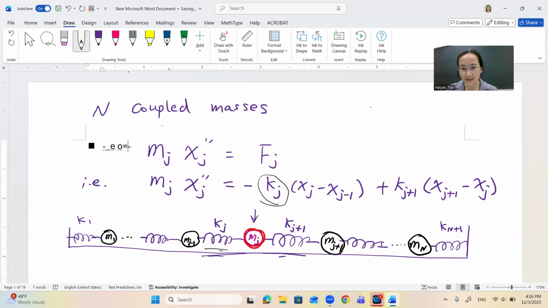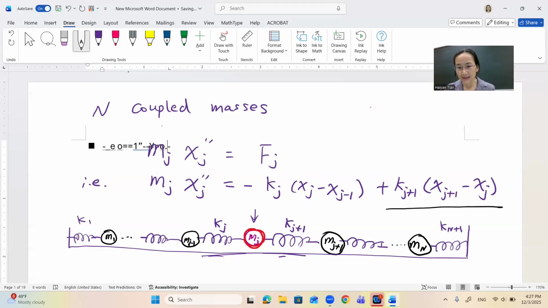That spring constant times the displacements of these two bodies. If they moved away from their equilibrium positions, depending on these two bodies' displacements, that will determine whether this spring is stretched or compressed, and the magnitude. And the sign also indicates the direction of the force from the jth spring on this body.